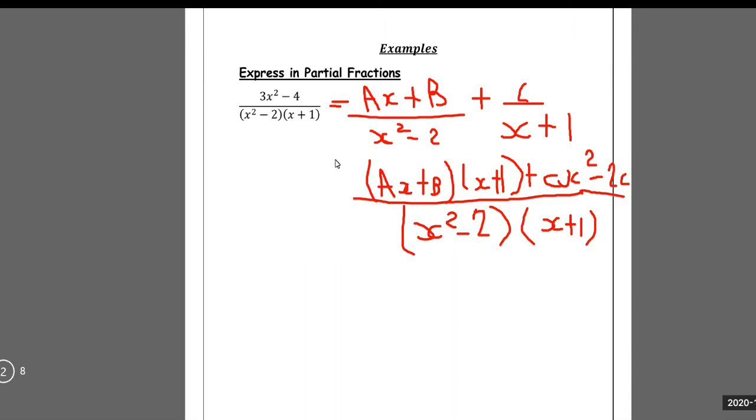Now look at this. Remember initially the question was that this is 3x squared minus 4.